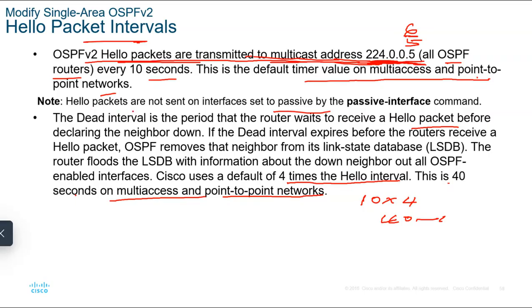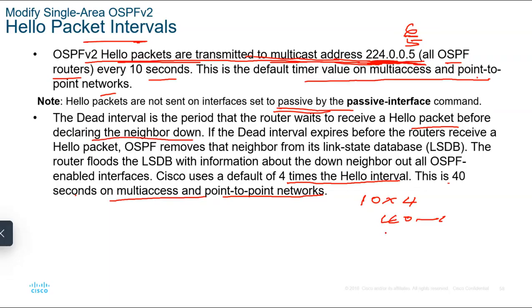Hello packets are not sent on interfaces set to passive. So the interfaces that are set to passive, then automatically the hello packets are not sent there. Then we have the dead interval, which is the period that the router waits to receive hello packets before declaring the neighbor down.